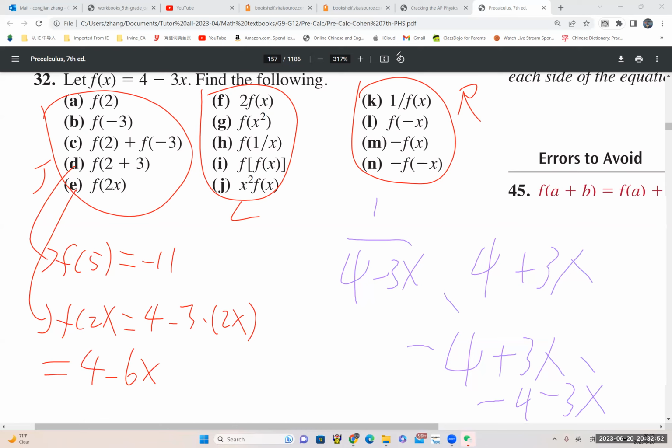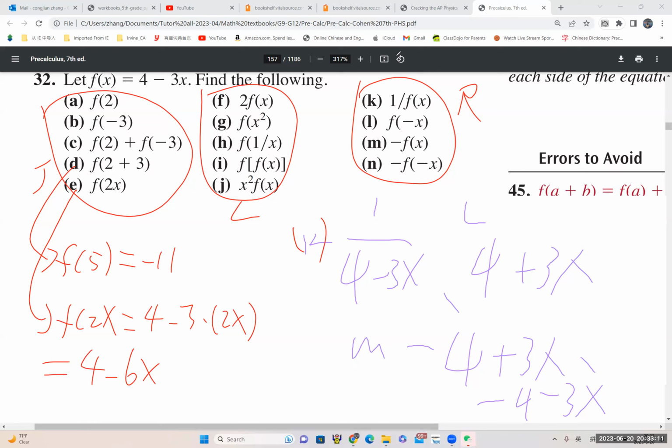Ray, which one are you working on? Yeah, you can have a pointer, for example K or M or L. Which one? K. Yeah, let me circle it for you.